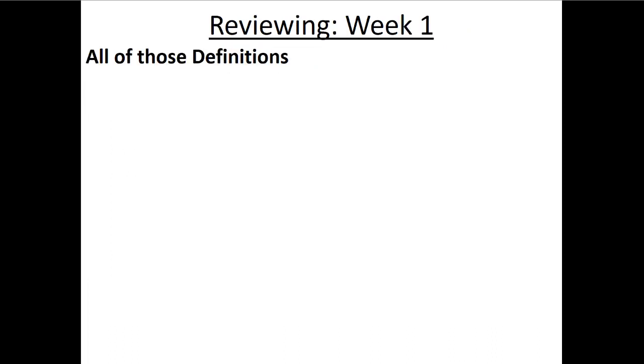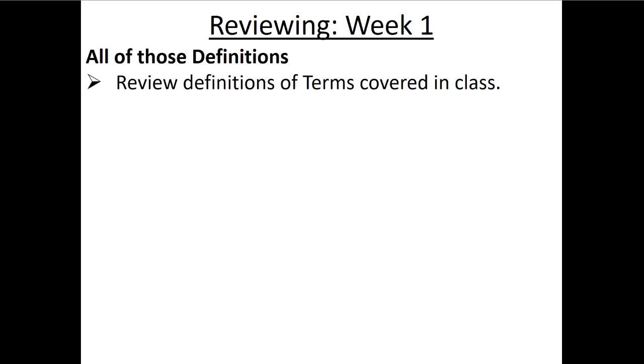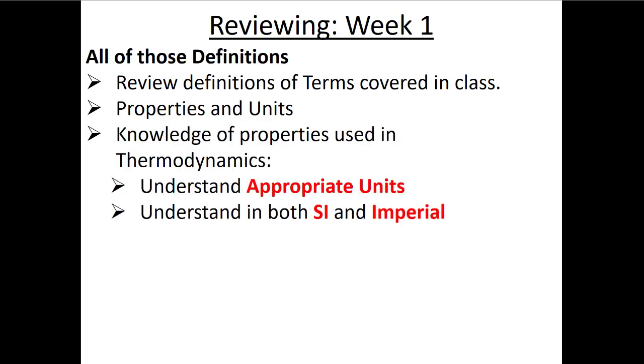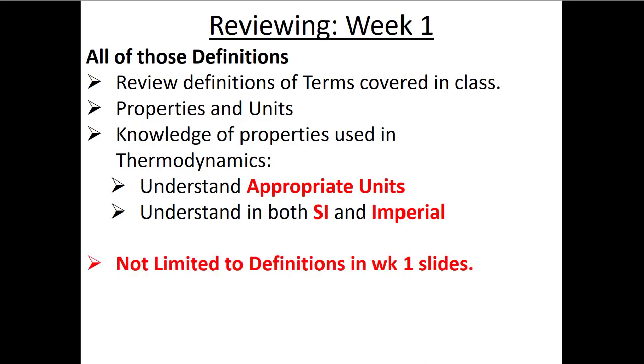Going through week by week, week one, or maybe it's week zero, the week before we got here, we had lots of different definitions. There were a lot of things that we went over that were covered in that first quiz. You'll need to know those definitions, units and properties, appropriate units in SI and imperial styles. The definitions we need to know are not limited to just the ones in that week one slide.